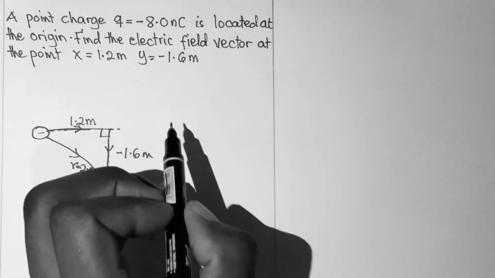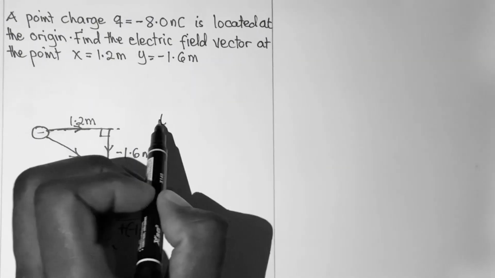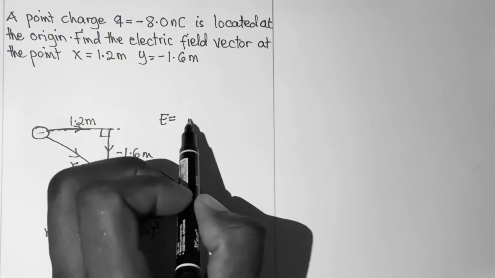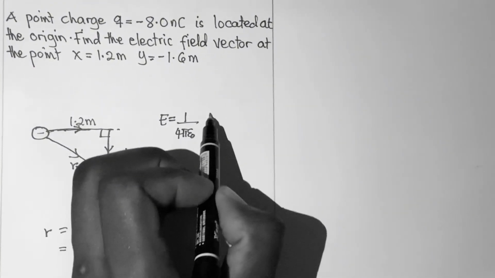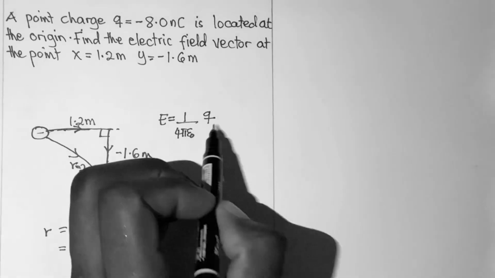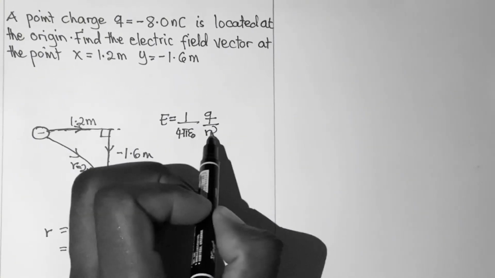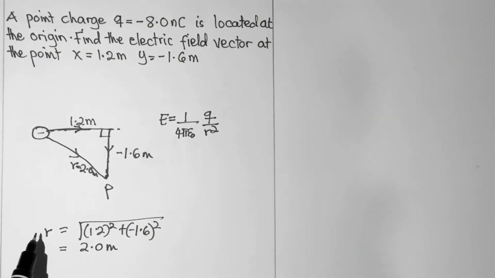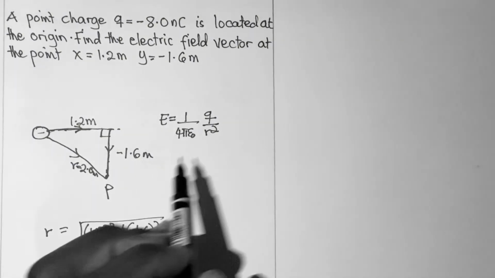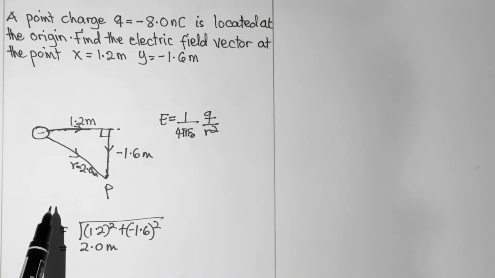But remember that from theory, we said the electric field is equal to 1 over 4 pi epsilon naught, then the charge, which is this negative charge, divided by the square of the radius. In this case, the distance is 2, so let's put it here and find the magnitude of the electric field.